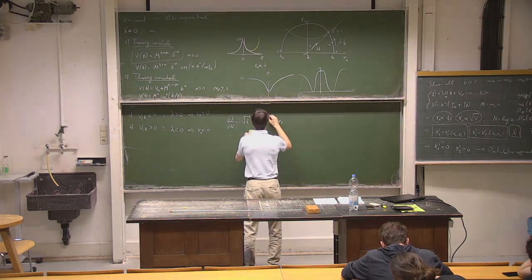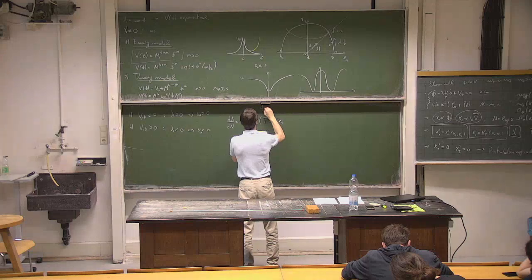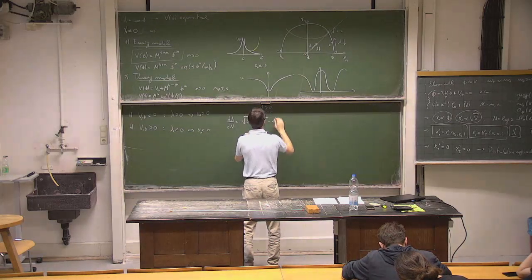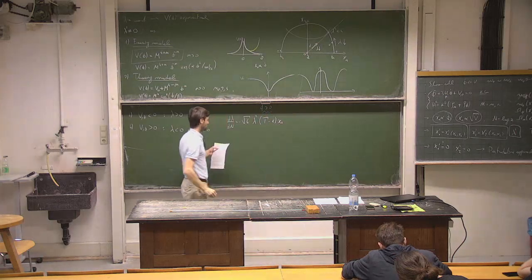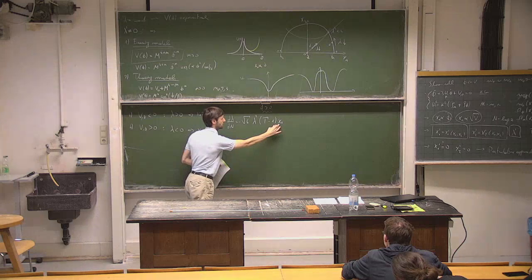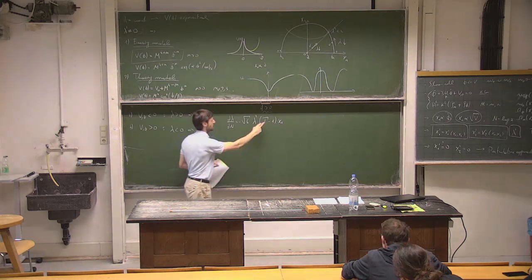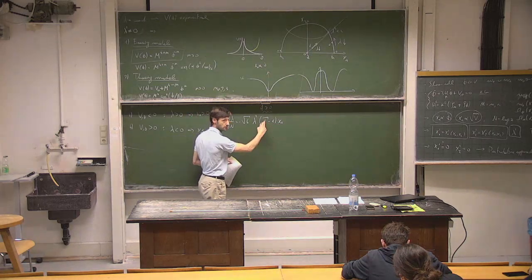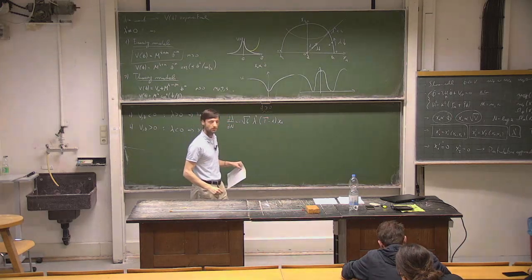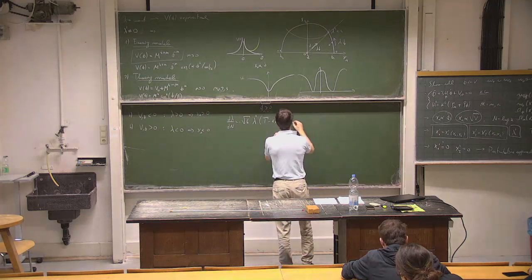So if this is larger than 0, then the sign is given by x1. This is positive, this can be positive or negative, and if this is positive, we're going to see why I want this to be positive, then this term is going to be positive. x1 defines the sign.